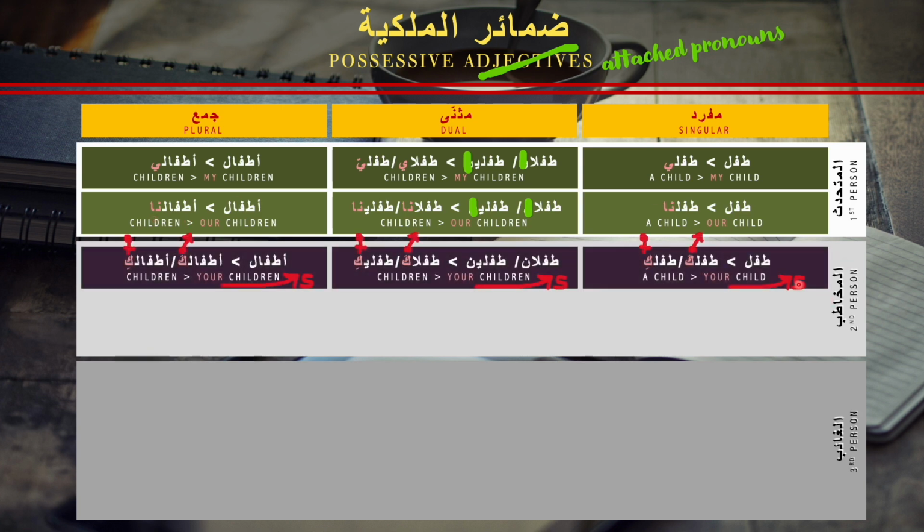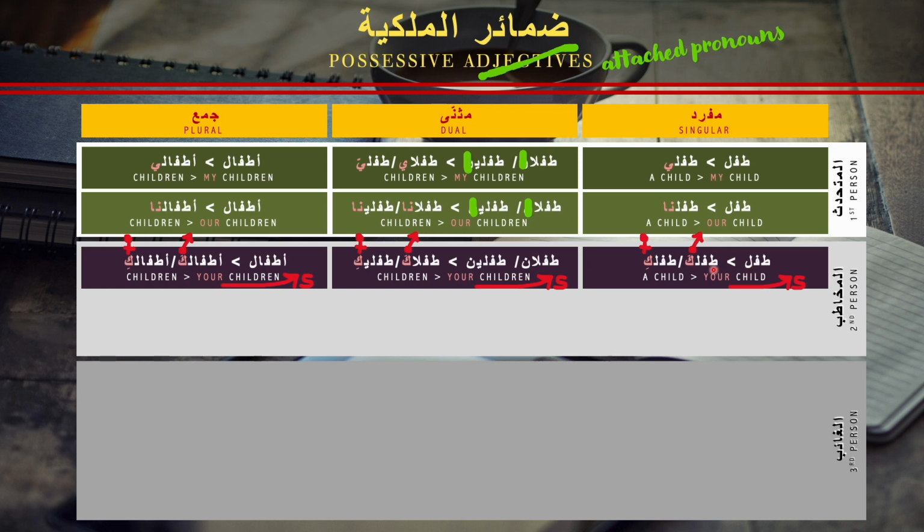Now let's see the second person. For the second person in Arabic, you or your, it can be feminine or masculine, plural for both feminine and masculine. So let's go with the first one as singular, your, and we will go masculine first and feminine next.